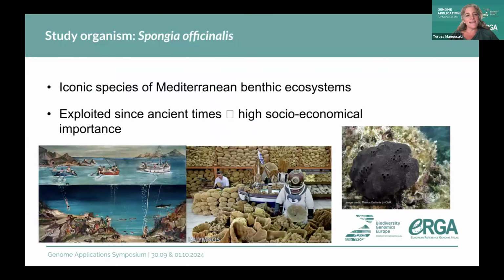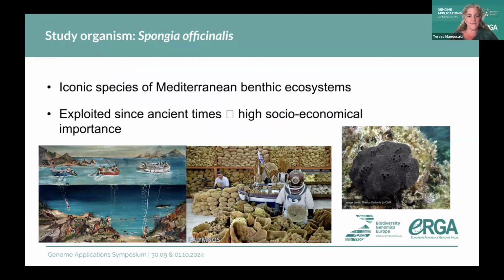So Spongia officinalis is the classic bath sponge that we have been selling across the Eastern Mediterranean since antiquity. It's an iconic species. It has been exploited since ancient times, and it has quite high socioeconomic importance.